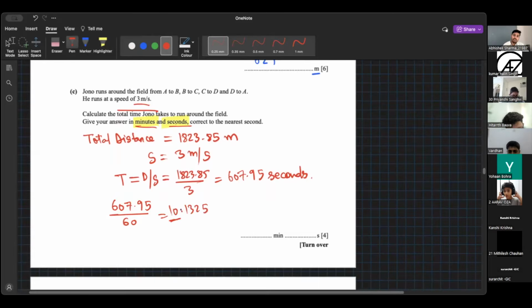That means 10 minutes and an additional 0.1325 minutes. So 0.1325 multiplied by 60 again, you will get 10 minutes and 7.9516 seconds, which is approximately 8 seconds. Clear? Any questions in this?